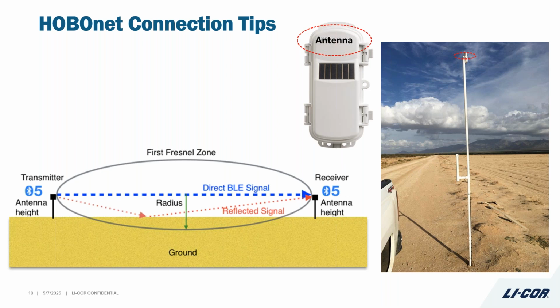So you want to do the best to be able to get that mote at least 6 feet up in the air. You can see on the diagram on the bottom left-hand side that is basically a picture that talks about the different zones of transmission, right? The line of sight reflection is best when it's up 6 feet.